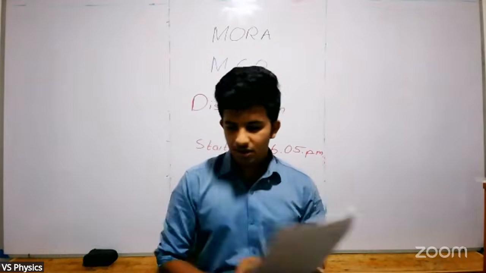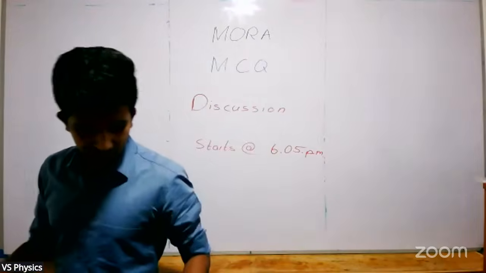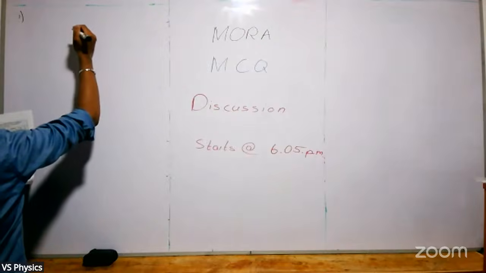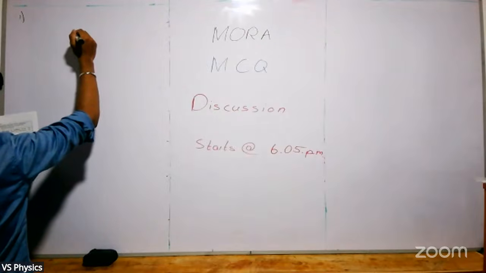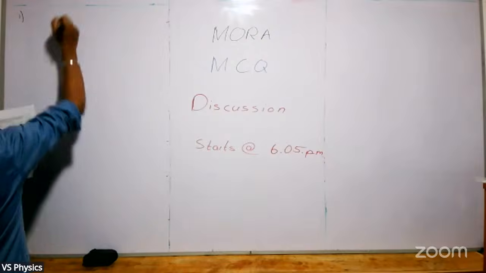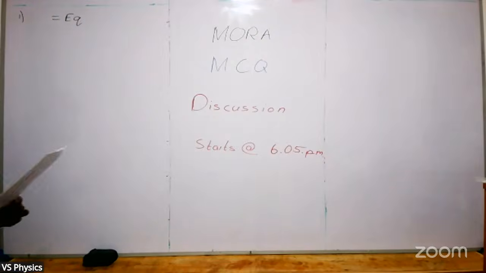First question. The quantity obtained when the potential difference is multiplied by charge, the unit of which appears in electrostatics. What do we write in front of the equation?